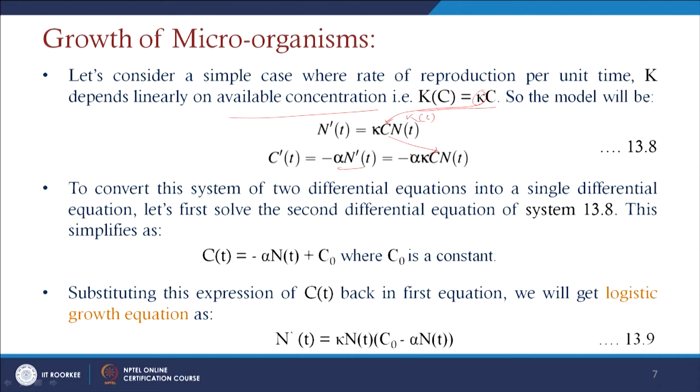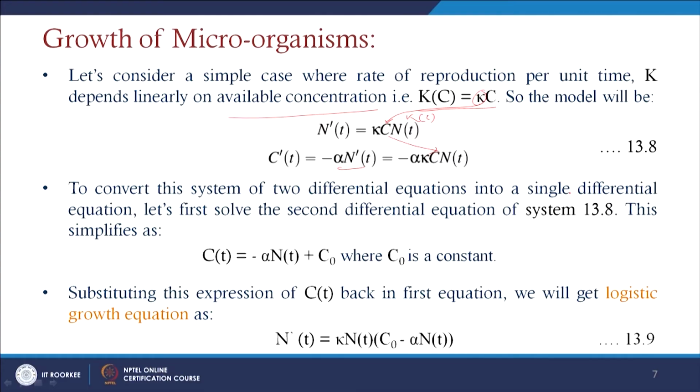To convert this system of two differential equations into a single differential equation, we can directly find the solution from the second equation and put it in the first equation. In this simplified case, if you integrate this equation, that is C dash t as minus alpha n dash t, directly we can integrate, then we find C of t equals minus alpha n of t plus a proportionality constant C0 here.